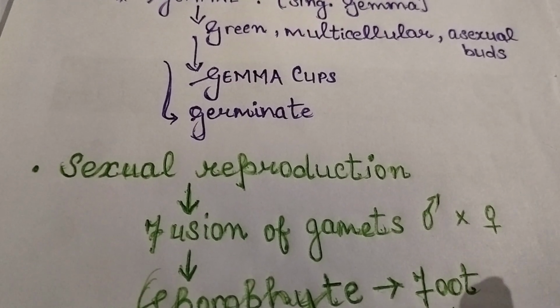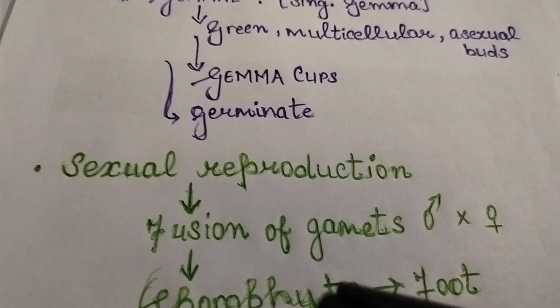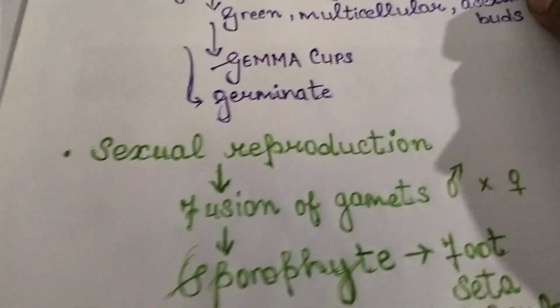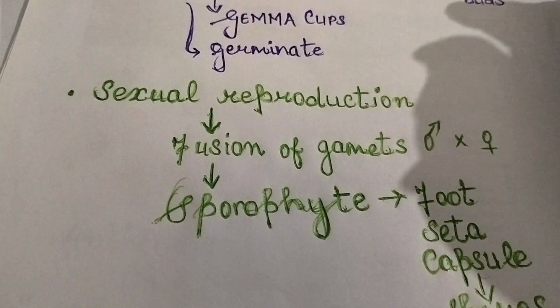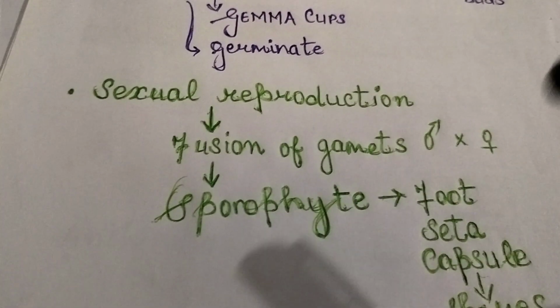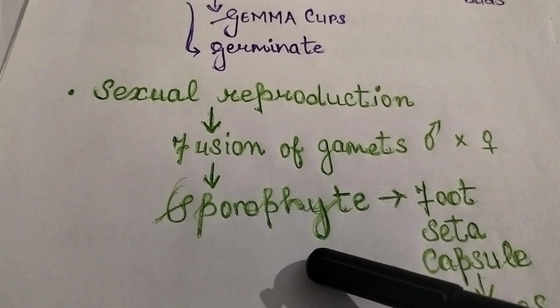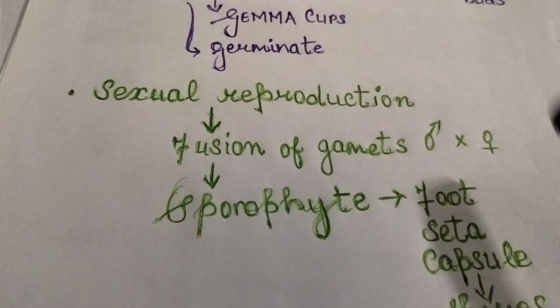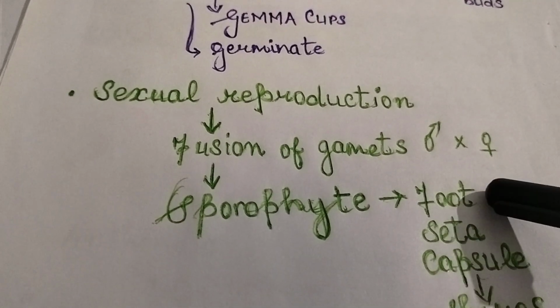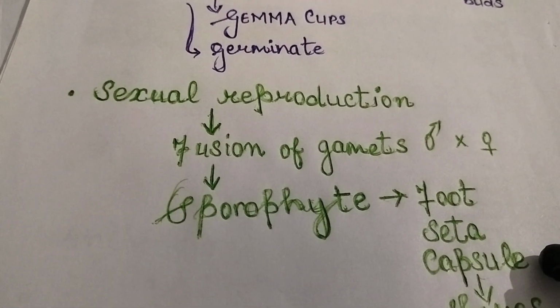Sexual reproduction includes the fusion of male and female gametes. Male and female gametes fuse to form a zygote. The zygote develops to form a sporophyte. We have studied that the zygote does not undergo meiosis here. It grows and develops into a sporophyte. This sporophyte develops, it grows, and it is differentiated into foot, seta and capsule. Remember, general characters we have studied. The sporophyte body comprises foot, seta and capsule.